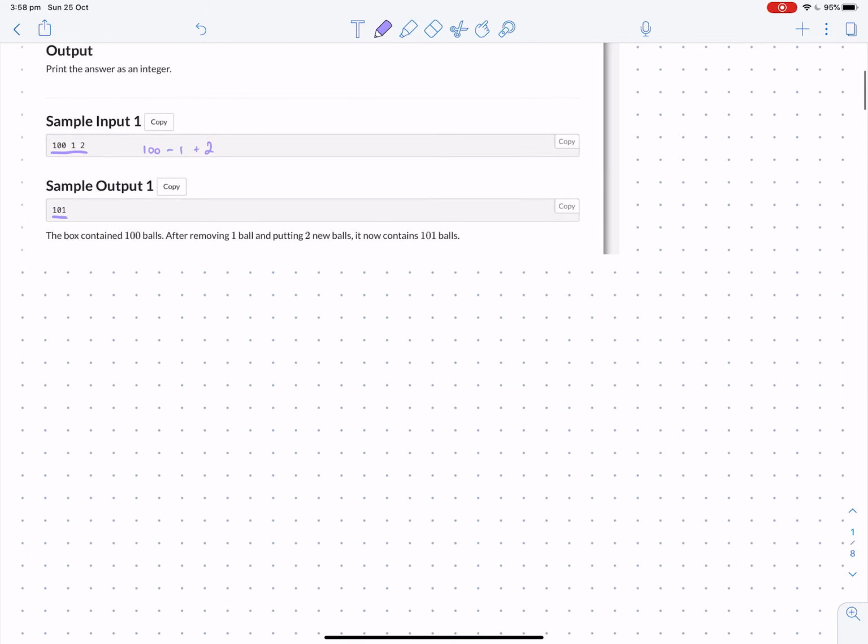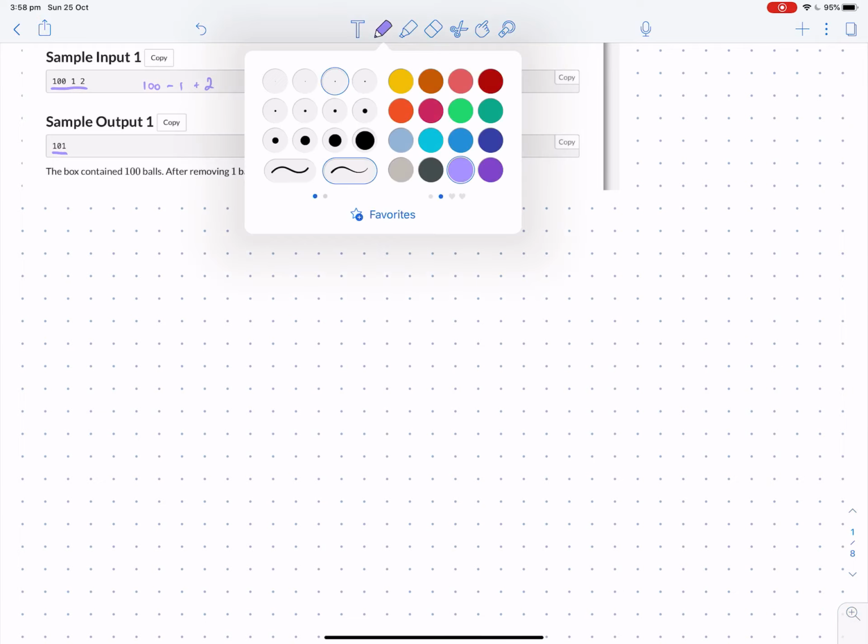So what does this look like in Python? Well, pretty simple really.